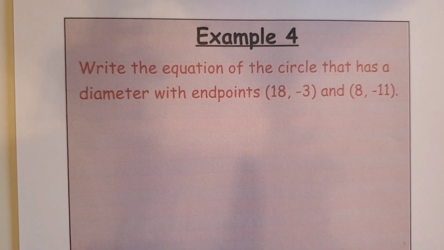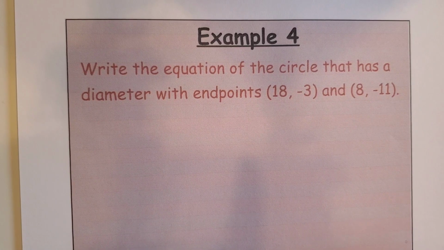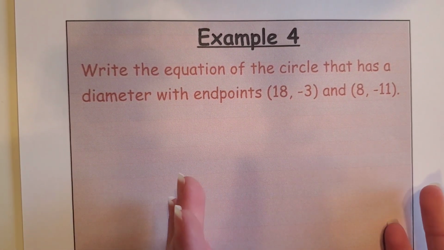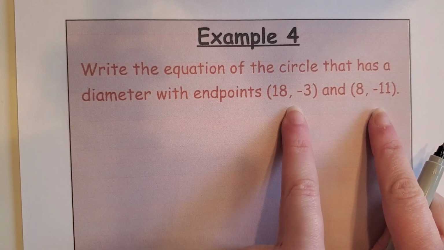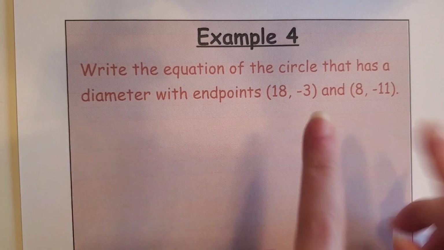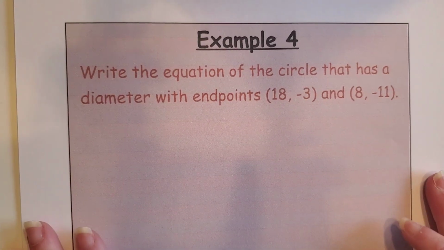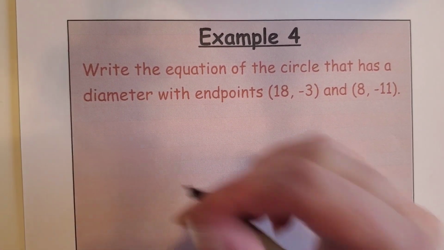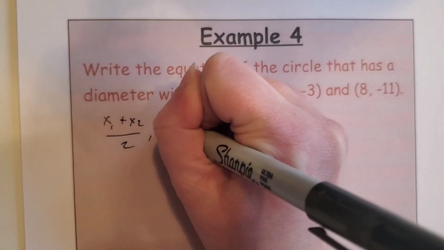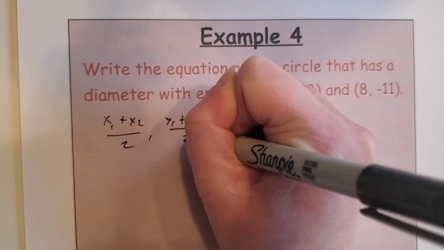But as I was saying, and I kind of got ahead of myself a little bit, if you have a diameter and you know a diameter passes through the center, and the center is sort of like in the middle, the center is going to be in the middle of these 2 points. So how do we find the point that's in the middle? Midpoint formula. If you don't remember midpoint formula, x1 plus x2 over 2 and y1 plus y2 over 2.